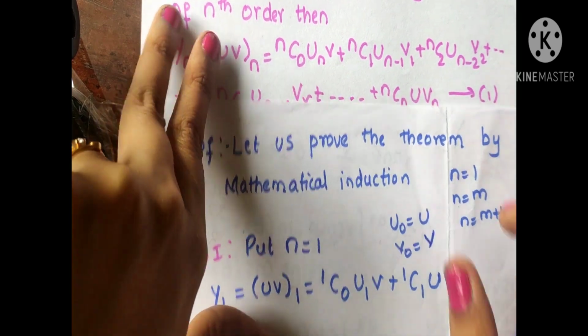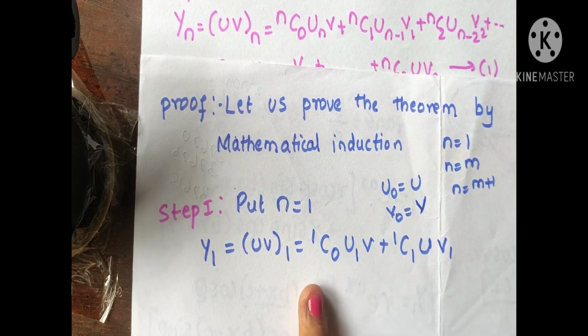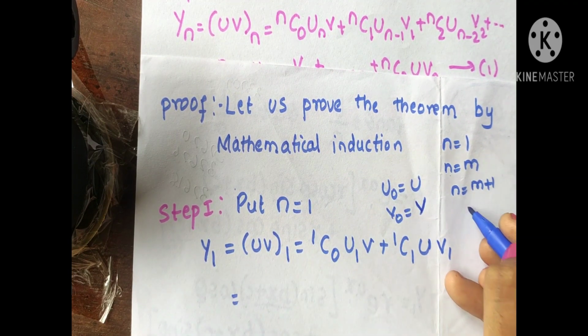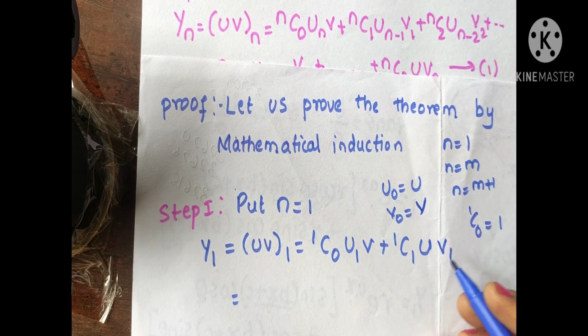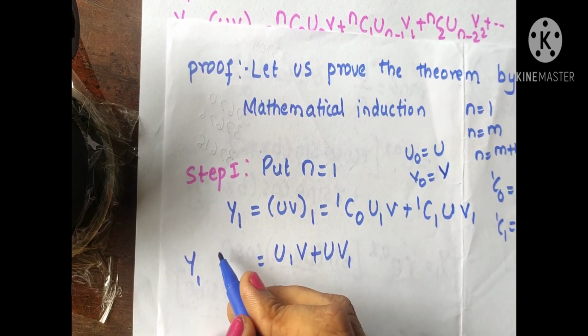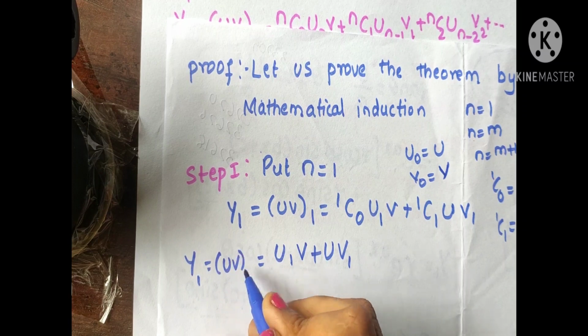Just see here, 1C0 is equal to 1 and 1C1 is also equal to 1. So this becomes u1 into v plus u into v1. This is nothing but the product rule.